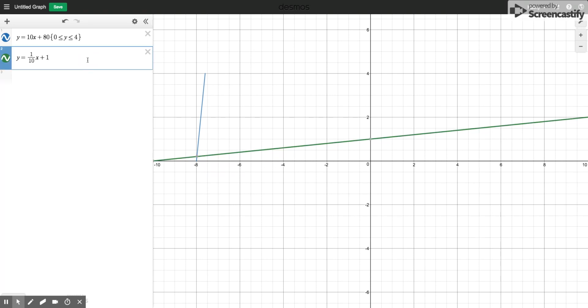That's how I'd write it in my domain. Use the squiggly brackets. I'd say negative 8 is less than or equal to x, since it's my domain, which is less than or equal to negative 4. Left, right, left, right. I would repeat this process over and over until you ended up spelling out your entire name.